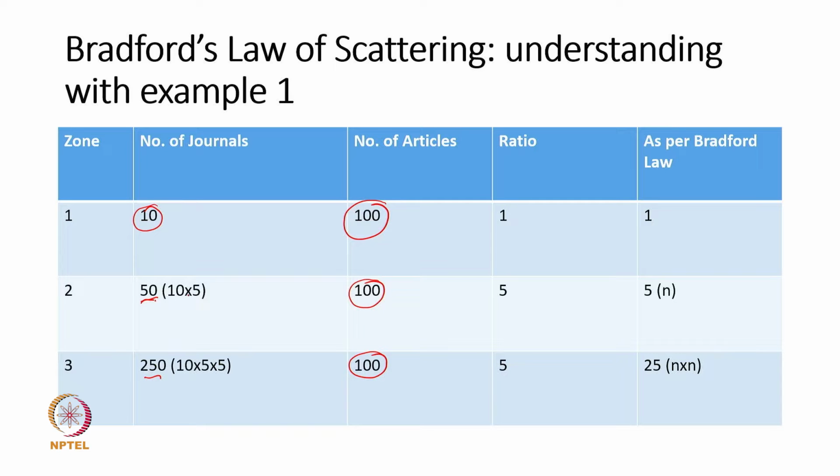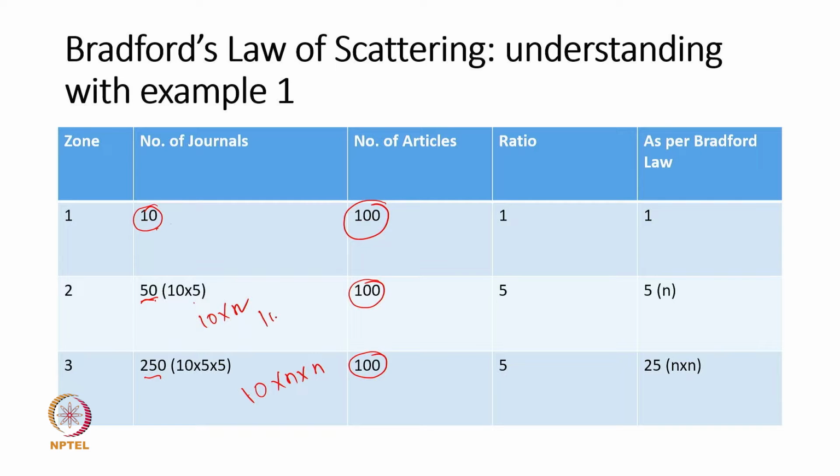there is a relationship between 10 and 50. 50 is equal to 10 into 5, 250 is equal to 10 into 5 into 5. That means if we take 5 as n, this is 10 into n, this is 10 into n into n.